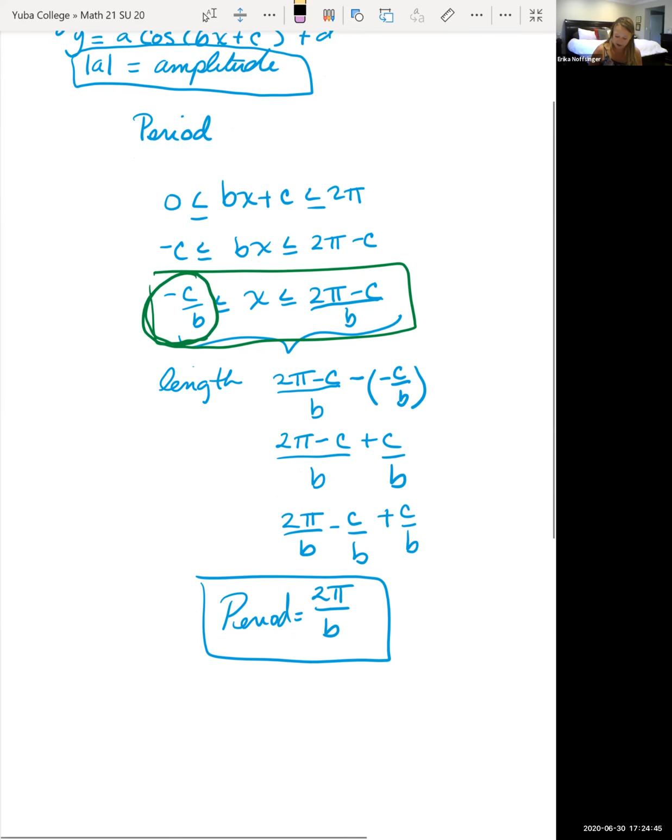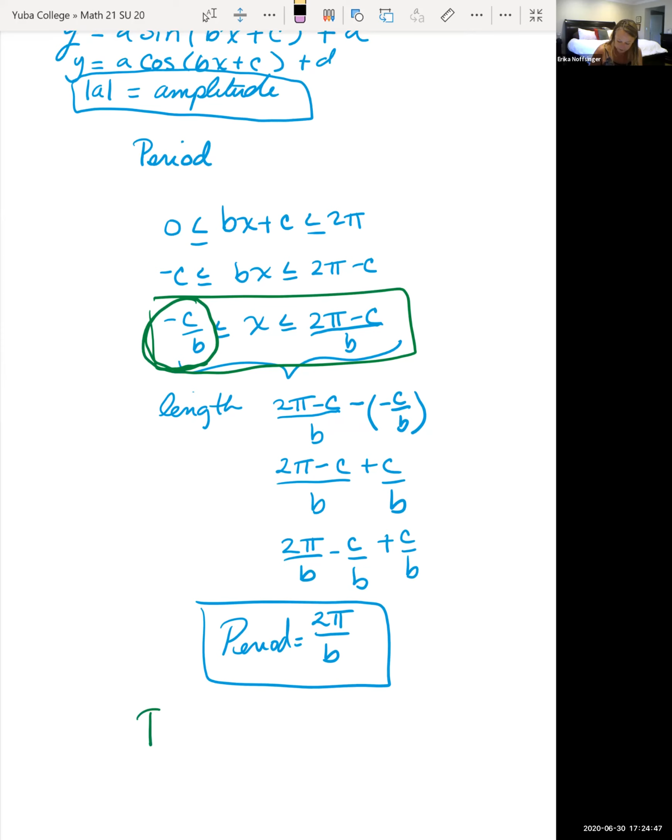And so the phase shift is the absolute value of c over b.